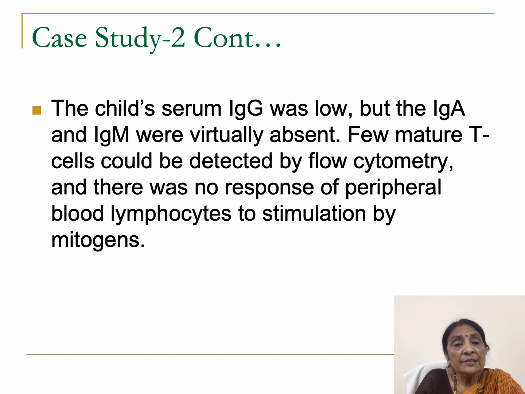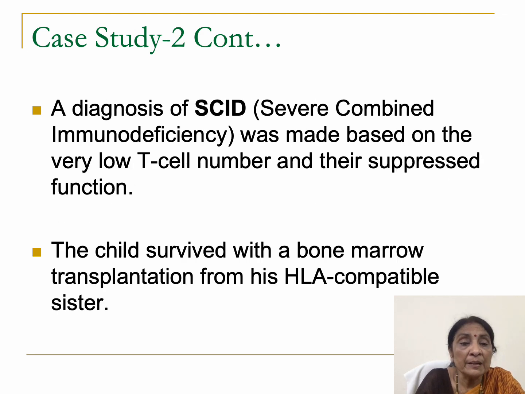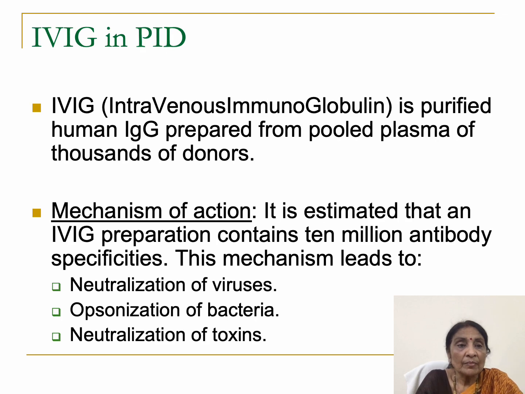The child's serum IgG was low, but IgA and IgM levels were virtually absent. Few mature T cells could be detected by flow cytometry, but there was no response of peripheral lymphocytes to stimulation by mitogens. A diagnosis of SCID was made based on very low T cell number and their suppressed function. The child survived with BMT from his HLA compatible sister.